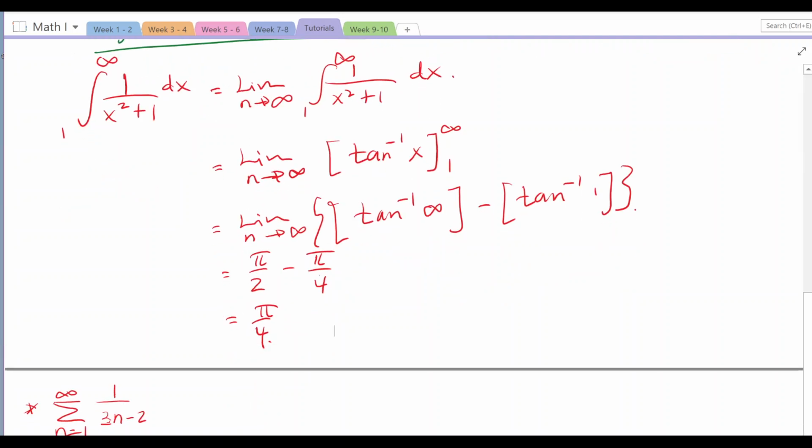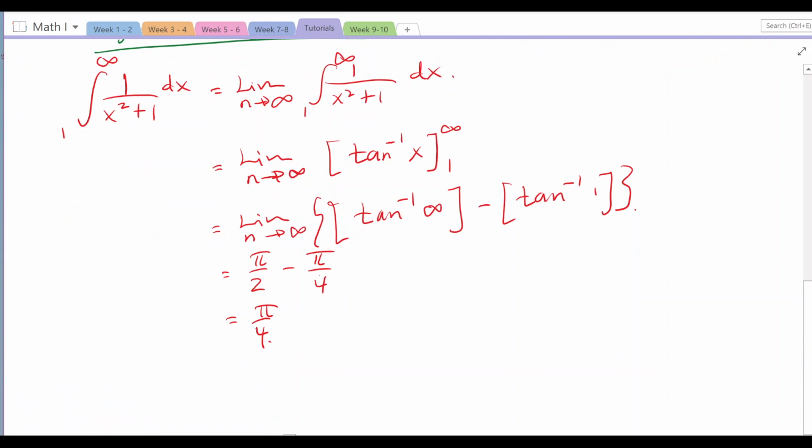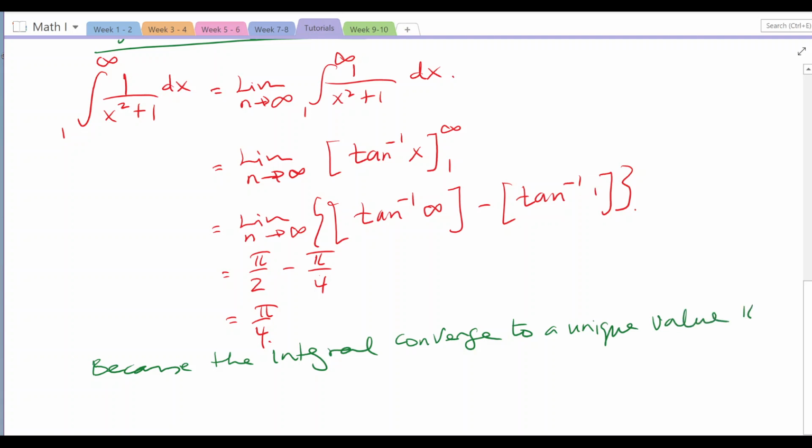So we can say, because the integral converges to a unique value, pi over 4, therefore the series converges.